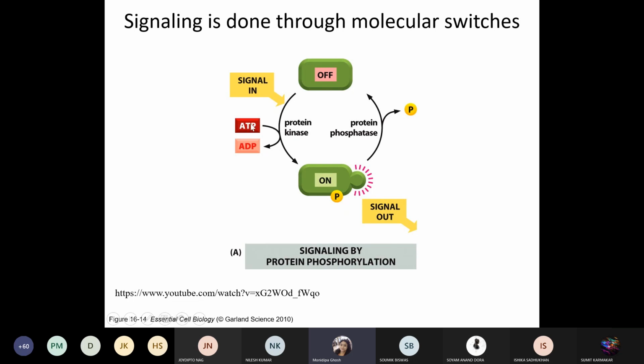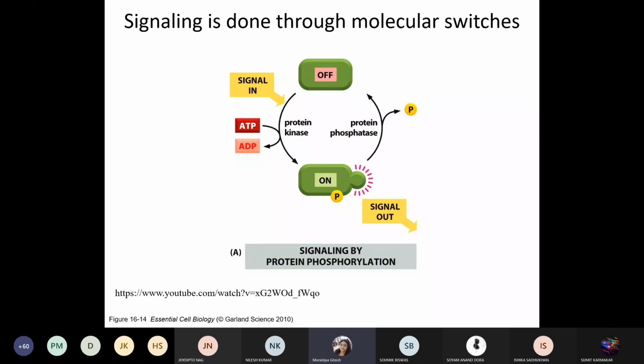Here, ATP means energy, adenosine triphosphate, energy driven. You have to put in some energy, respiratory energy or anything where the ATP is produced. From ADP to ATP means you are putting in energy, and from ATP to ADP means you are getting energy. Understood the difference?